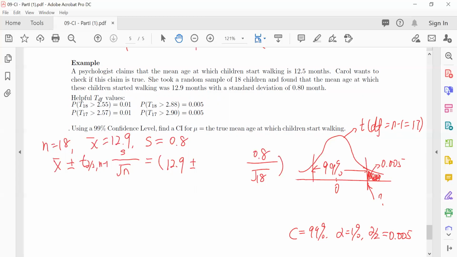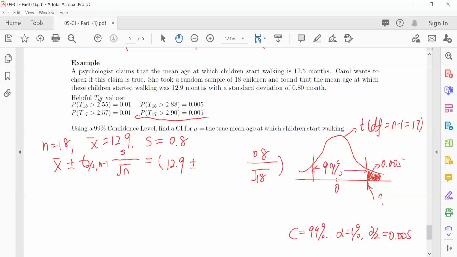What is this value that will make the area under the curve to the right of it equal to 0.005? In other words, what is the value that will make the probability that the t distribution is greater than this value 0.005, given that this t distribution has degrees of freedom equals 17. So this is a t distribution with degrees of freedom equals 17.